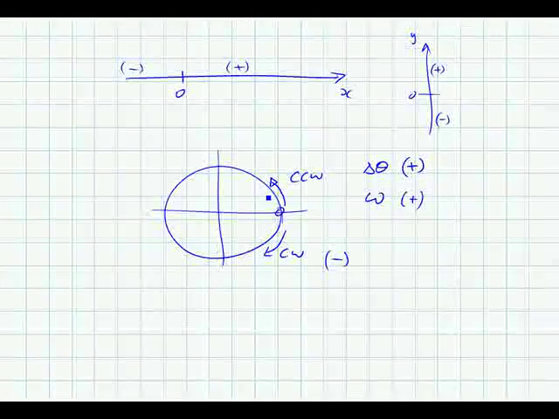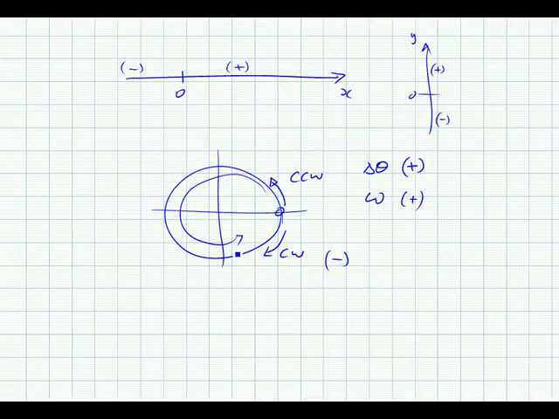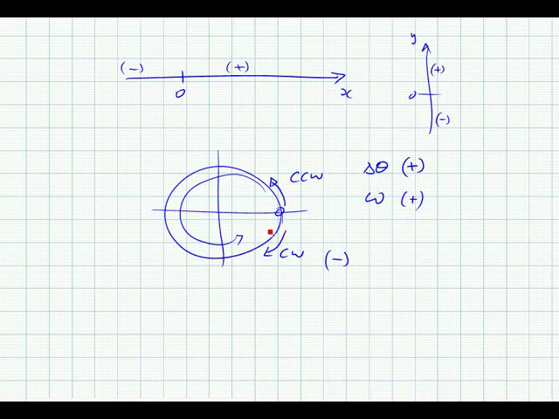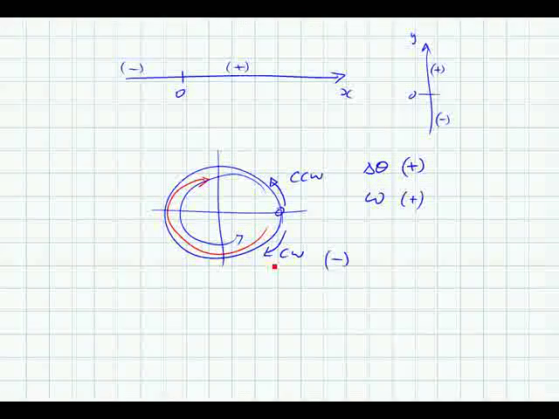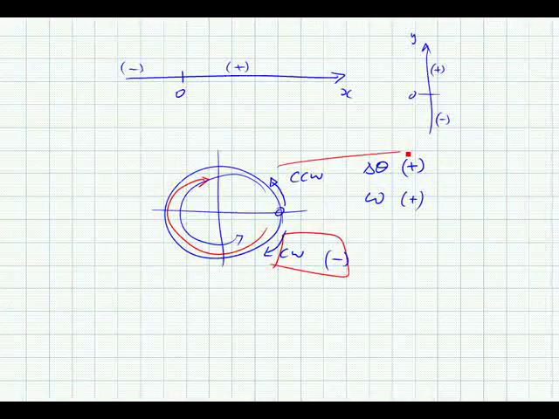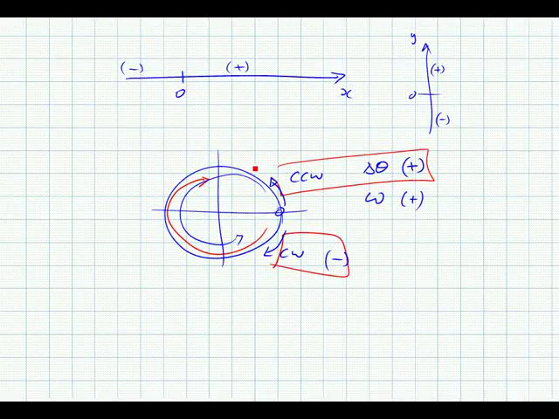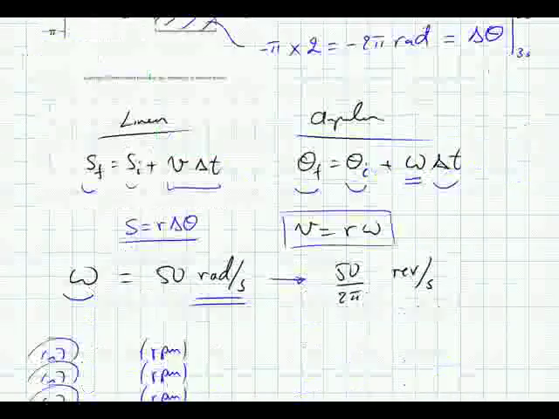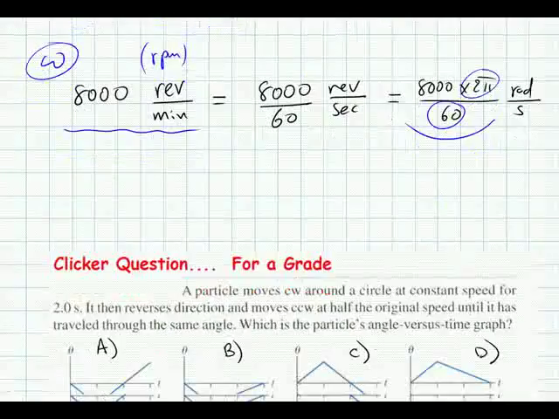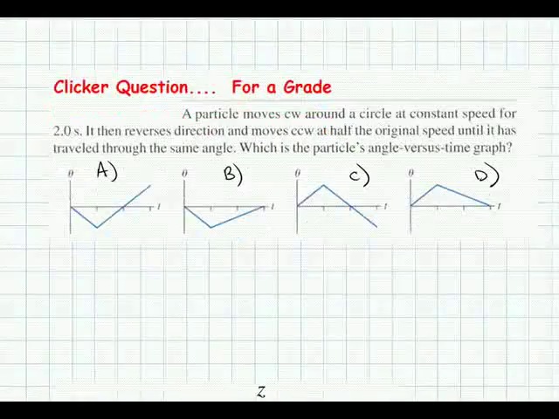So anything which is counterclockwise is positive, anything which is clockwise is negative. Okay, so that's about the only main difference between dealing with linear and circular motions.